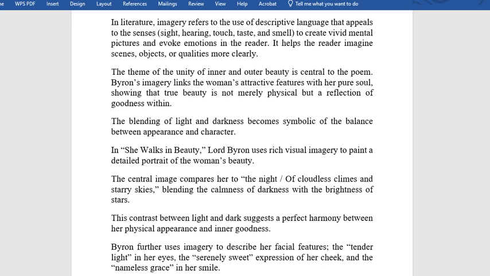That is, true beauty is not measured through physical appearance. We have to consider the inner thoughts of the person. The blending of light and darkness becomes symbolic of the balance between appearance and character.